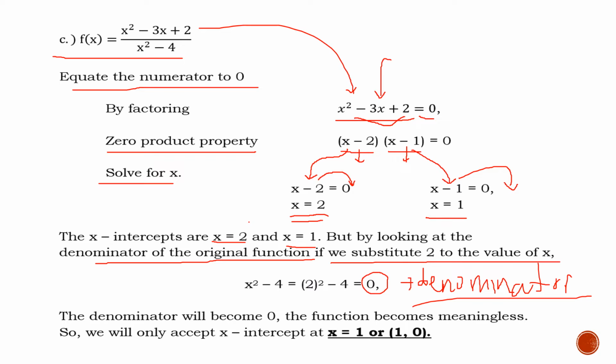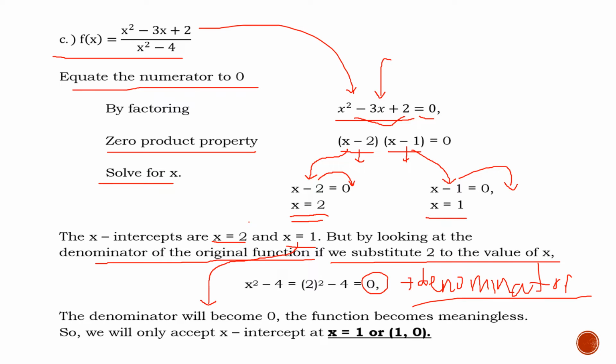But we can actually use x equal to positive 1, because if we put 1 as the value for x in the denominator, it will be equal to negative 3.